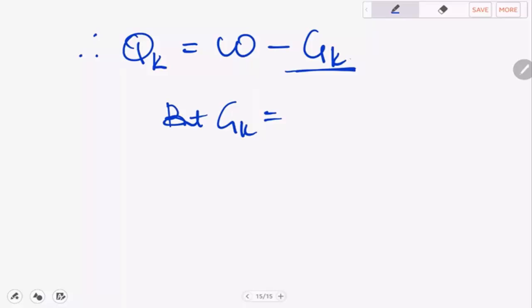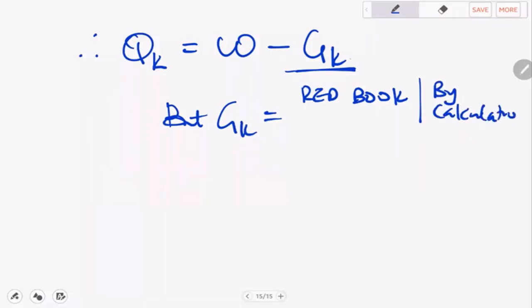You can determine the self-weight, number one, from the Red Book, and number two, by calculation. So we want to know the self-weight of that compound beam.